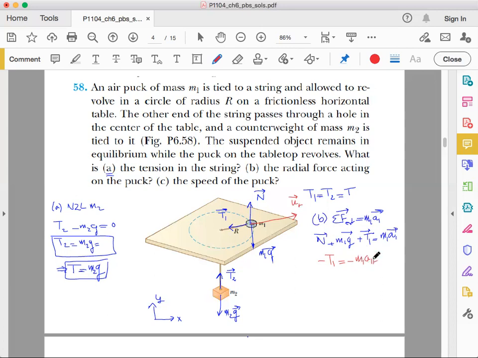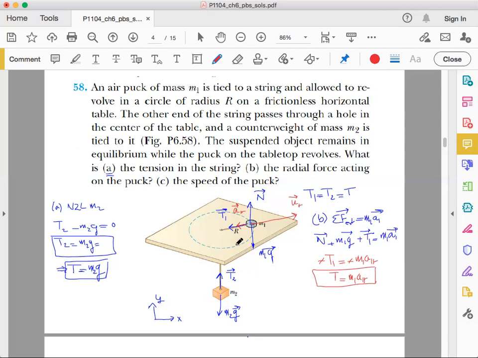The radial acceleration of the puck is expected to be towards the center of the circle, the same as the centripetal acceleration. The minus signs cancel out, and we end up with the tension T equals m1 a1R. So from here, we can deduce that the force responsible for the radial acceleration is nothing else than the tension in the string.